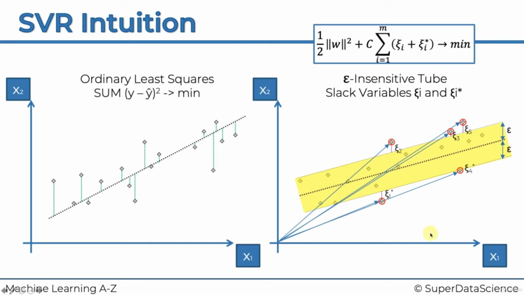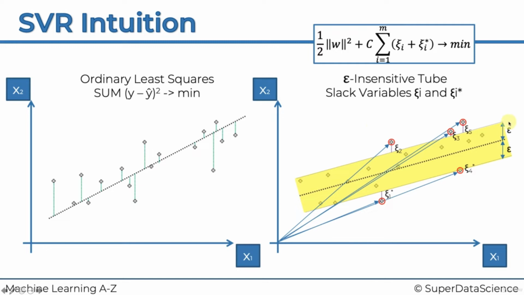These points are all vectors, but the ones that we've highlighted in red, the ones outside the tube, they're the support vectors, because they are dictating how this tube is created. So basically they're supporting the structure or formation of this tube, and that's why they're called support vectors, and that's why this is support vector regression.